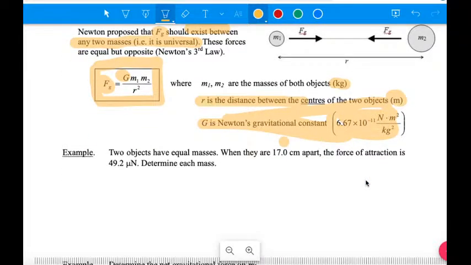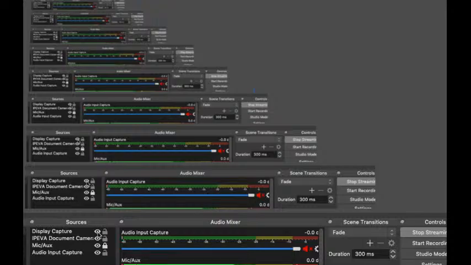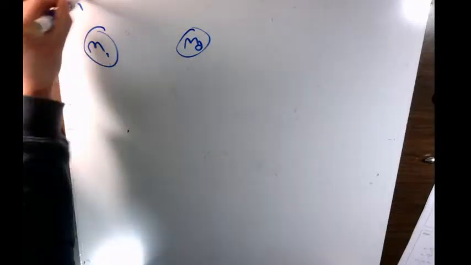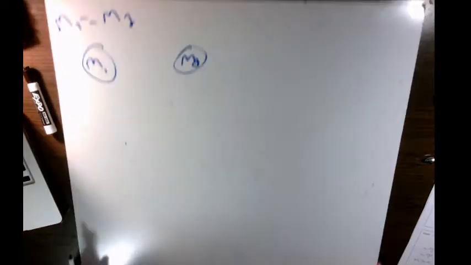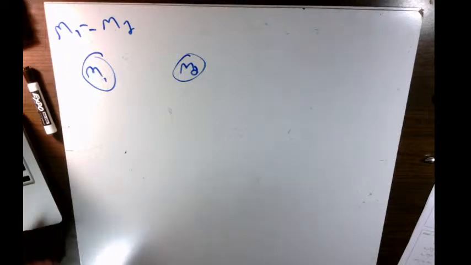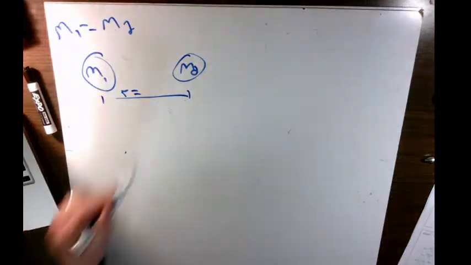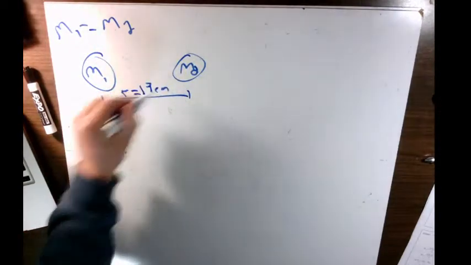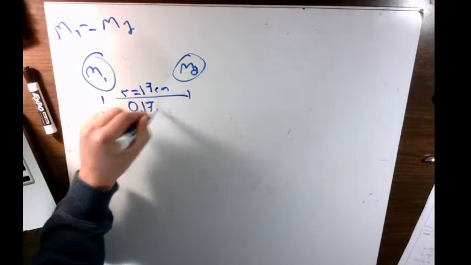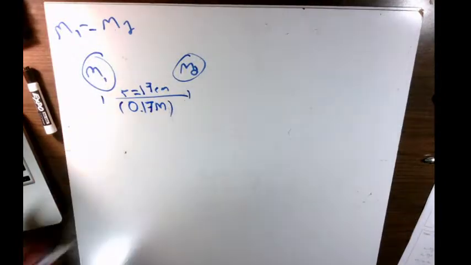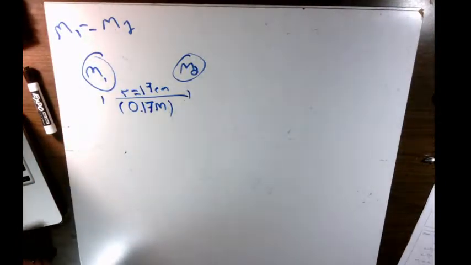So let's do an example. We have our two objects sitting side by side, M1 and M2. They have equal masses, so M1 equals M2 mass-wise. We're looking at them being a distance r of 17 centimeters apart, or 0.17 meters, because we need our standard unit for distance.